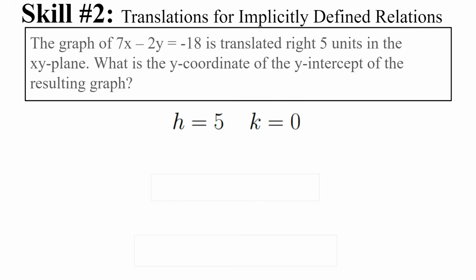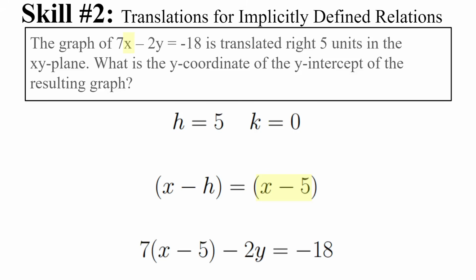And we want to find x minus h so that we can replace it. So x minus h would just be x minus 5. Now we're going to replace all the x's with x minus 5. So we do that, and we get 7 times (x minus 5). Everything else stays the same. Minus 2y equals negative 18.